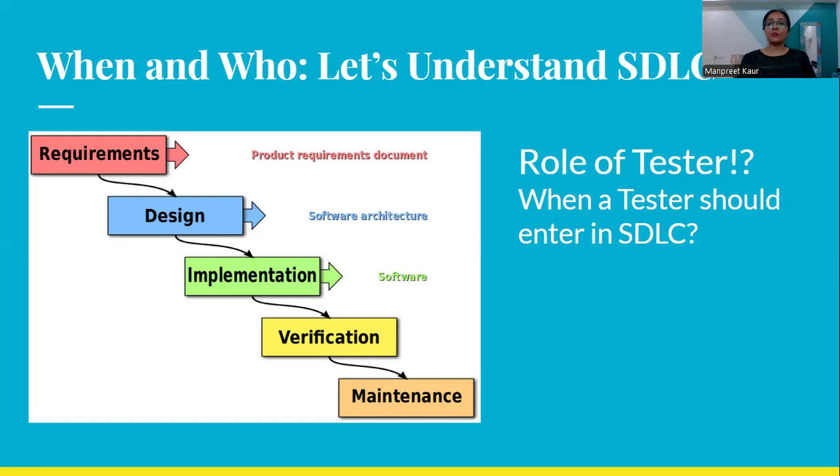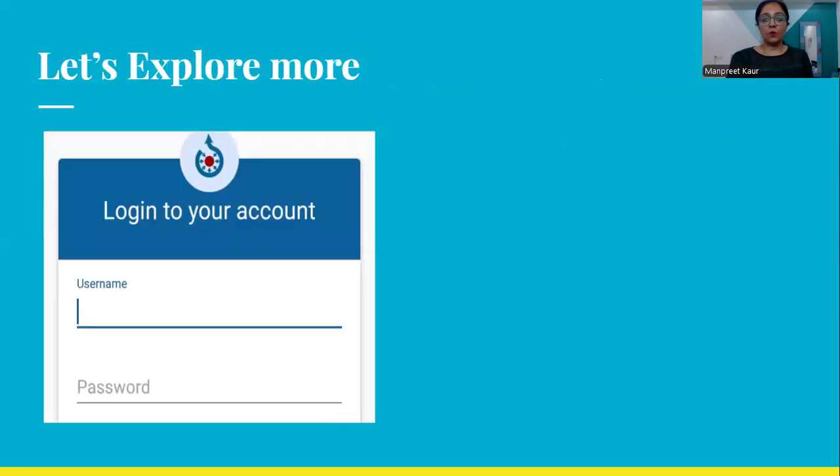So test cases can be shared with the developer sometimes, not all the time. Otherwise, we will not be having defects anymore, right? Then verification, obviously, the test case execution phase is there, and then maintenance of the project or the software, we can say. So the tester is in play all the time in the software life cycle.